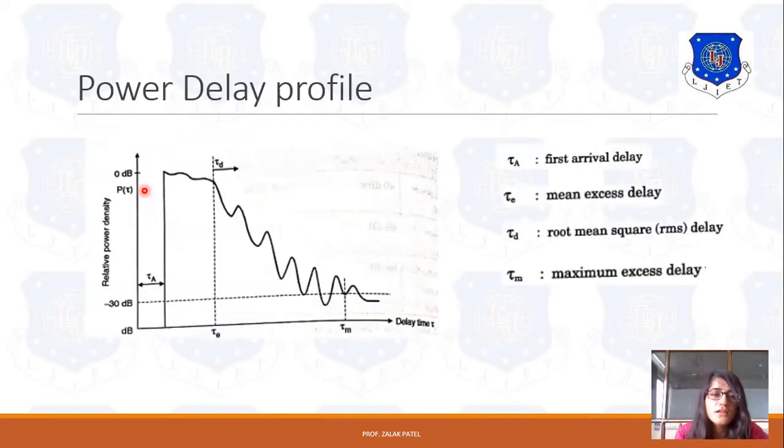You have to consider what the power will be at this tau E time, so you integrate the total power from the starting point to tau E.